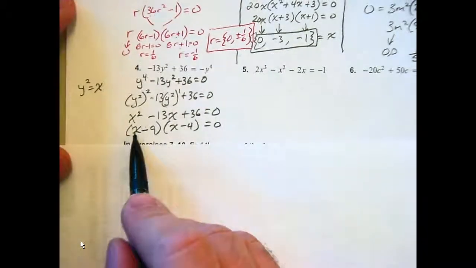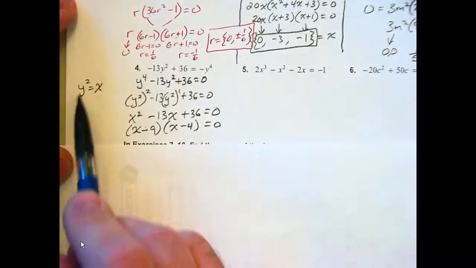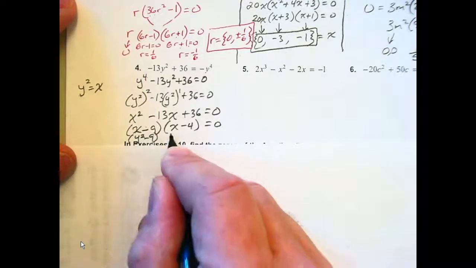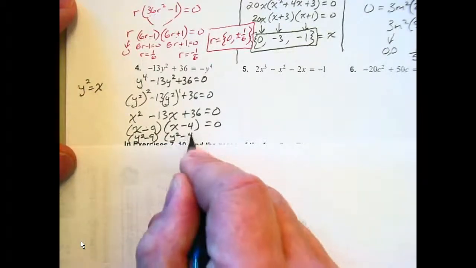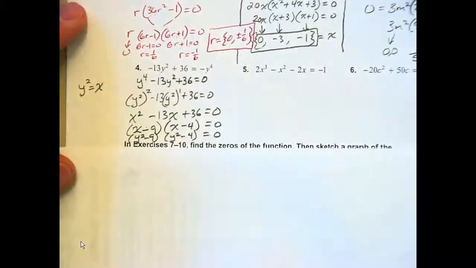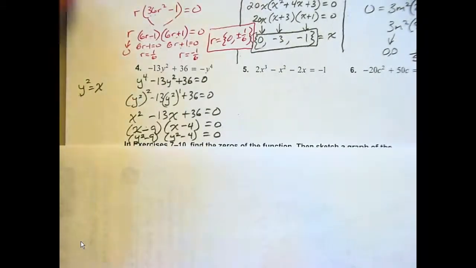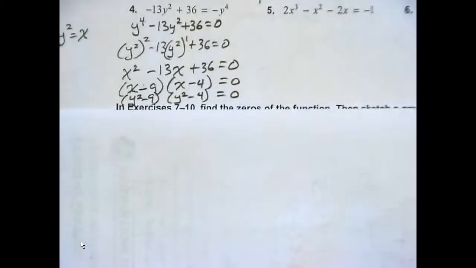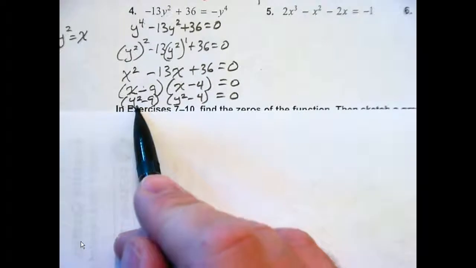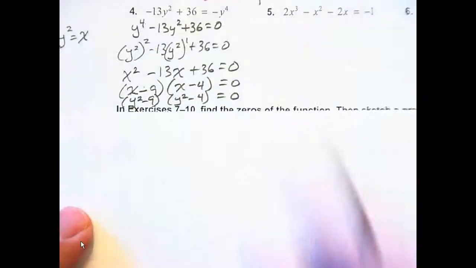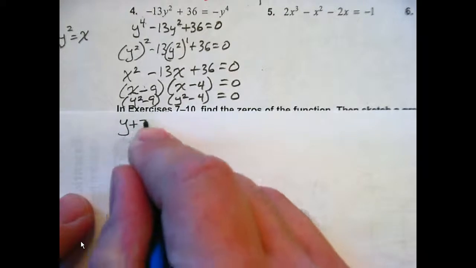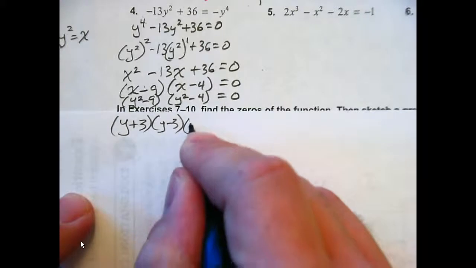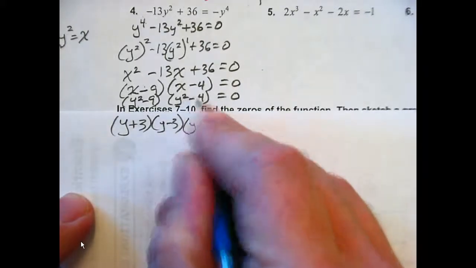But we know x isn't actually x, it's y squared, so we have to plug that back in. So we have y squared minus 9 and y squared minus 4 equals 0. Now the key there is looking at those two things. Those are both difference of two perfect squares, right? This becomes y plus 3, y minus 3. This becomes y plus 2 and y minus 2.